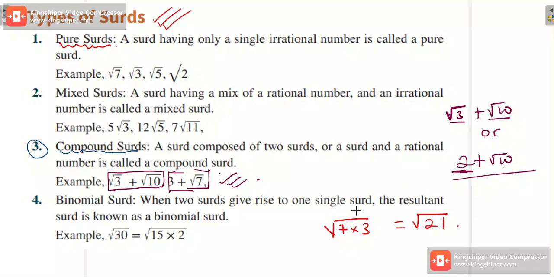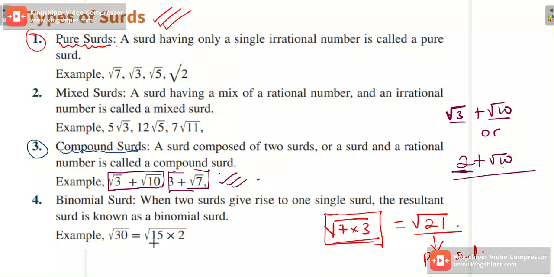So it is from this that we are getting this. Remember that root of 21 is called a pure set. But we can also see that this pure set is coming from the product of the square roots of 7 and 3. Therefore, this root of 7 times root of 3 is what we call a binomial set. A binomial set. So let's get that clear.